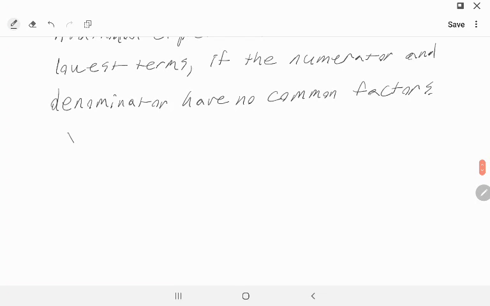So we notice that if we saw x divided by x plus 2, this is simplified. So I should say no common factors other than 1.